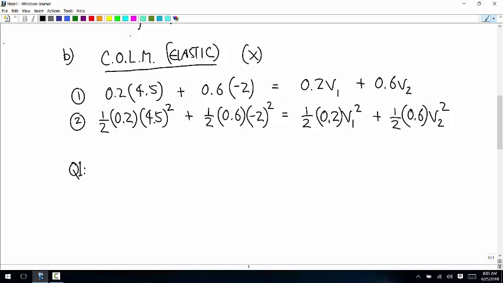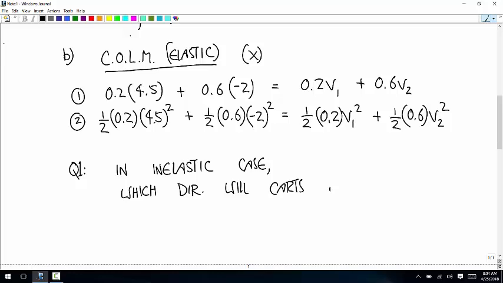So question 1, in the inelastic case, which direction will the carts be moving after the collision?